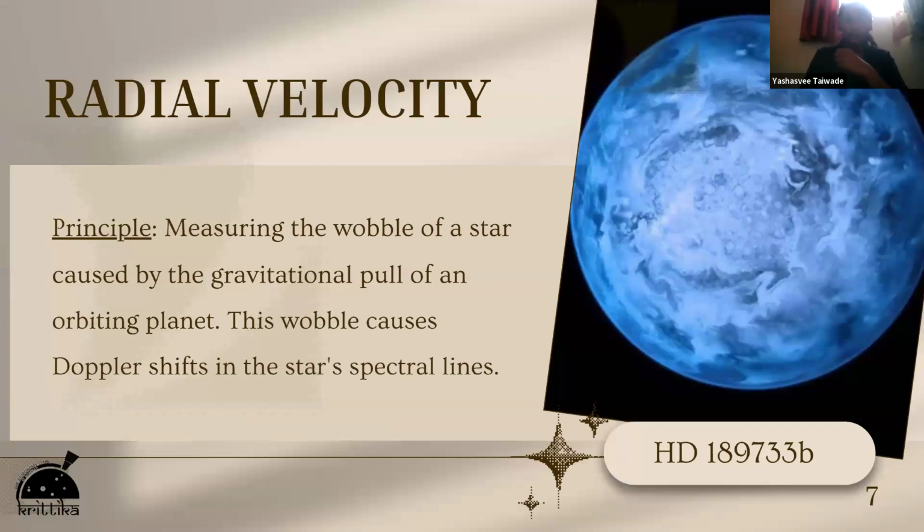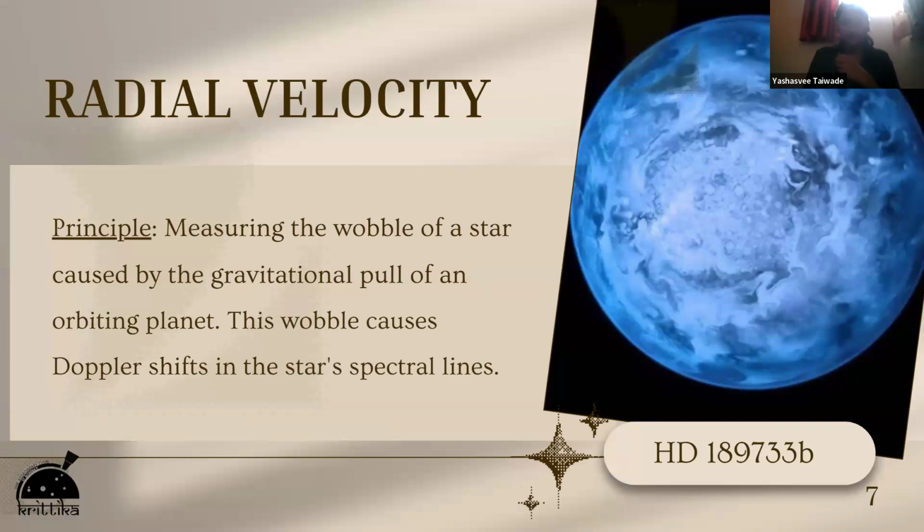The principle of radial velocity is that, as we know, the planet revolves around the star, but it is not exactly that. The star is not always stationary. There is a center of mass and the star also rotates around it. So we measure this wobble of the star, which is caused by the gravitational pull of the orbiting planet.